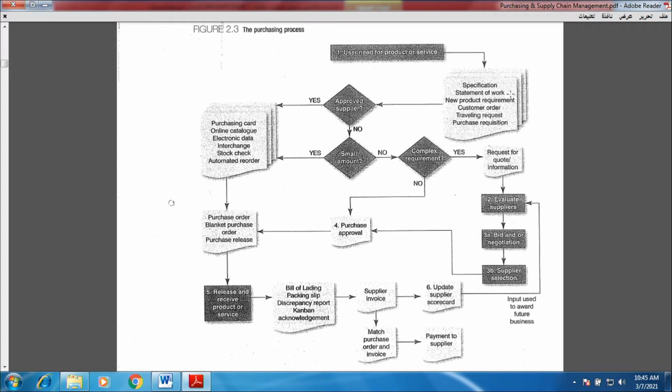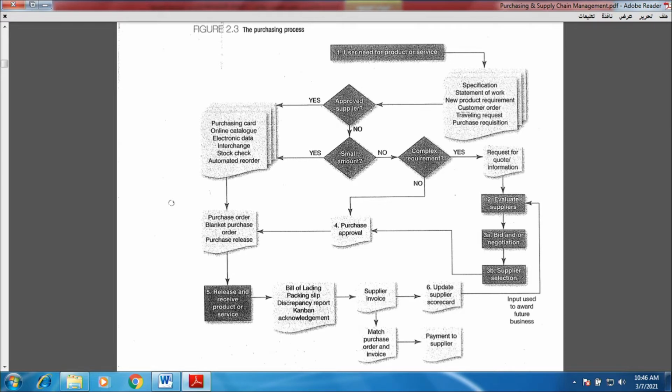We do an SOW, statement of work, for a transportation service, that we would get from a taxi company, for example. It could also be a new product requirement, a design for a new product, so we need some certain materials.